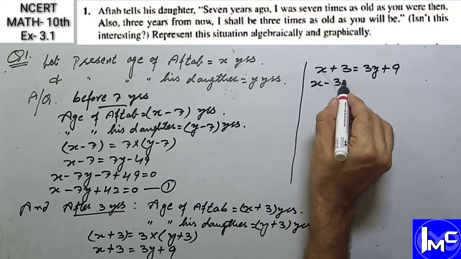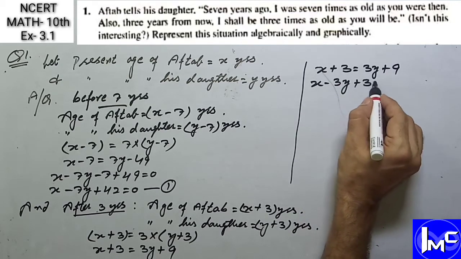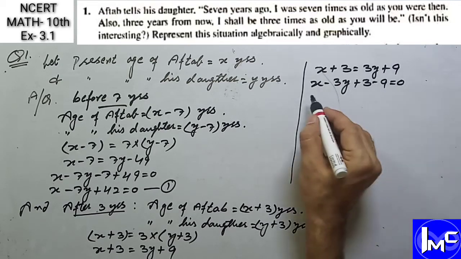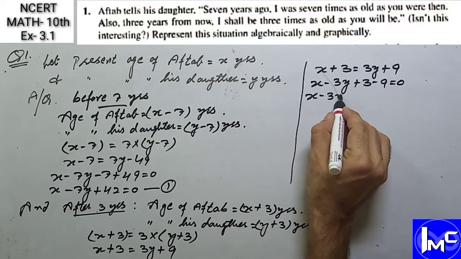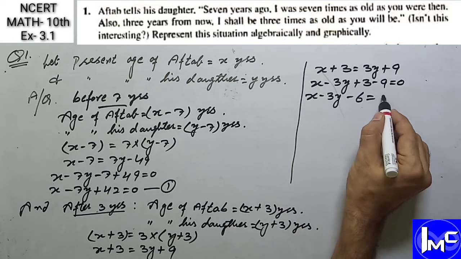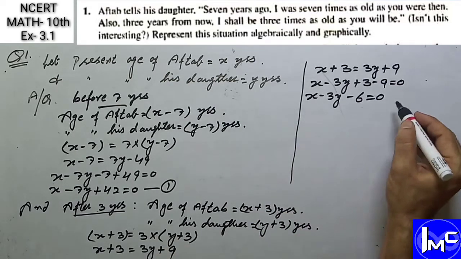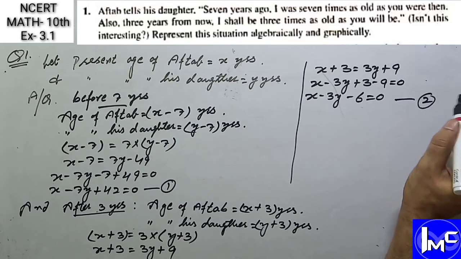When we simplify this equation, x minus 3y plus 3 minus 9 is equal to 0, x minus 3y minus 6 is equal to 0. This is our second equation.